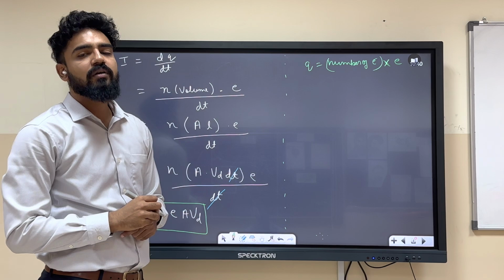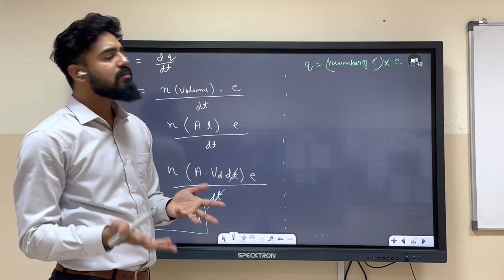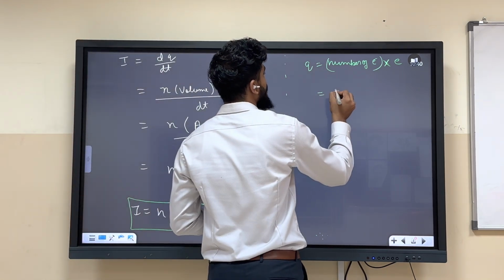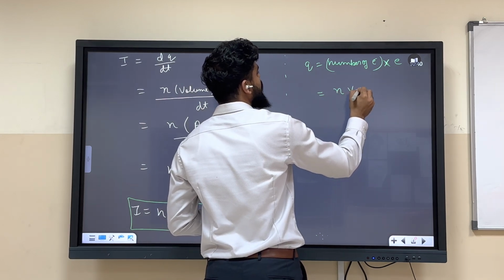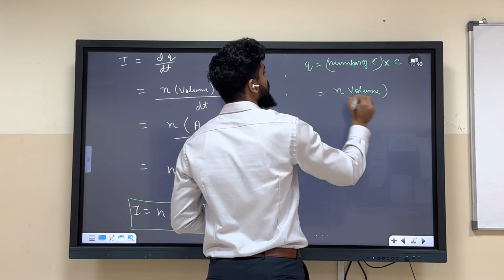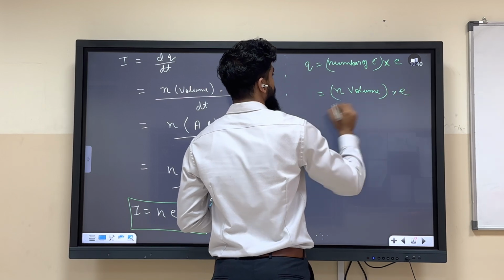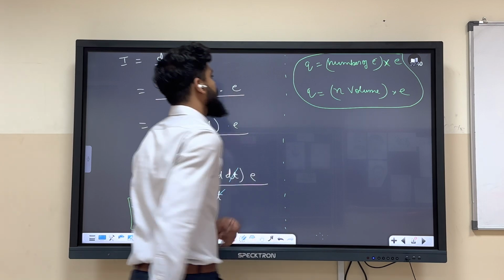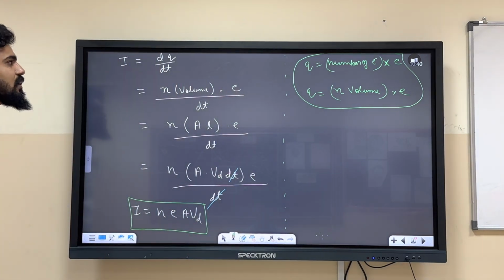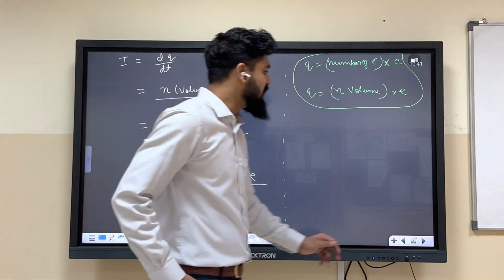Total charge is number of electrons into e. The number of electrons will be nothing but n into volume, into e. A few things just to understand it better. I hope this whole derivation is clear to all of you.